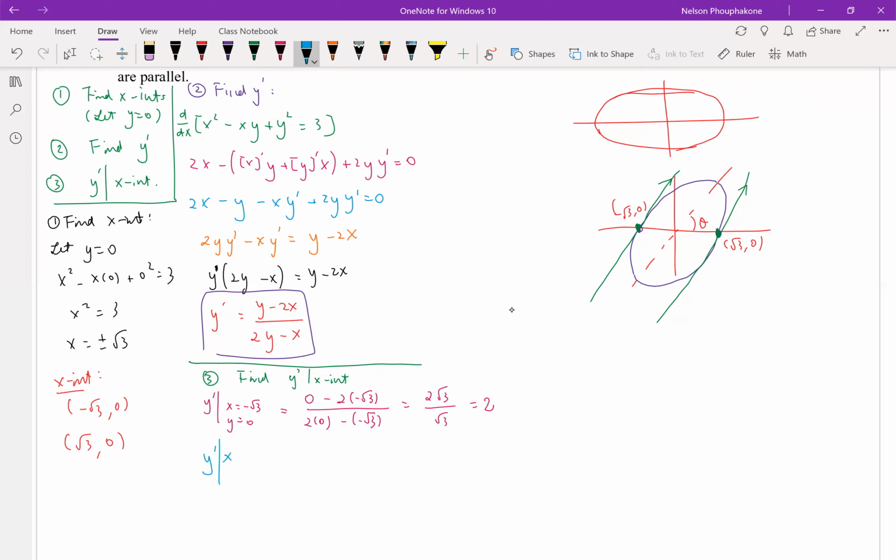And for x equal to root 3 and y equal to 0, I have (0 minus 2 times root 3) over (2 times 0 minus root 3).